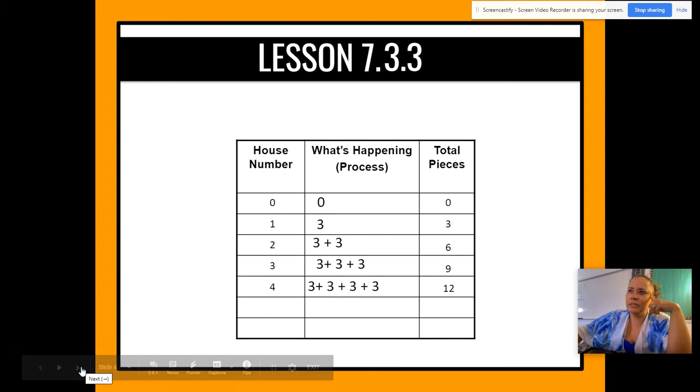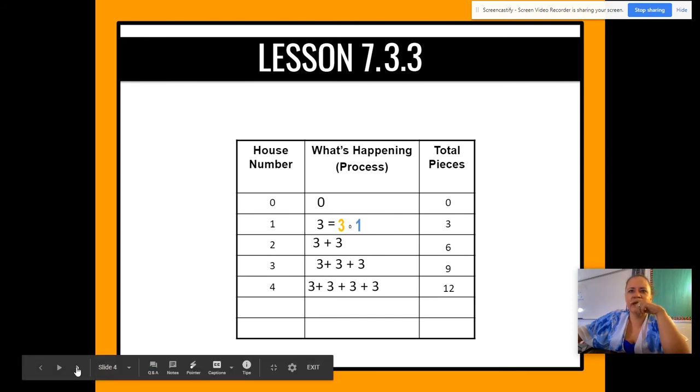Well, if I begin to look at another way that I can write this, I know that 3 times 1, house number 1, would give me 3 pieces. Let's see if that same pattern works for the second house. 3 times 2, 3 groups of 2. Okay, well, that is 6. That's correct.